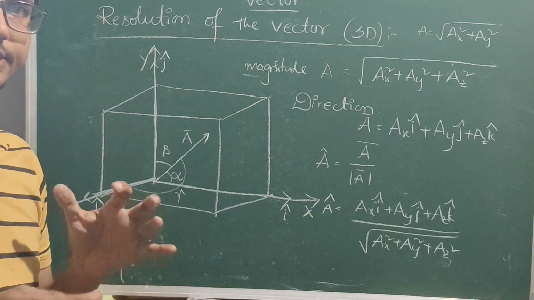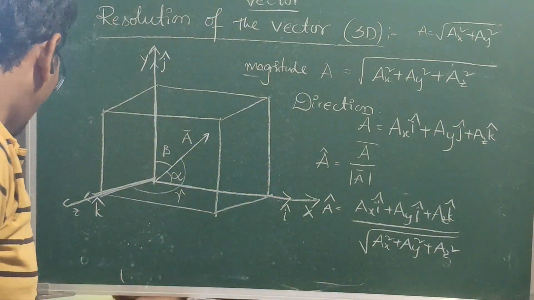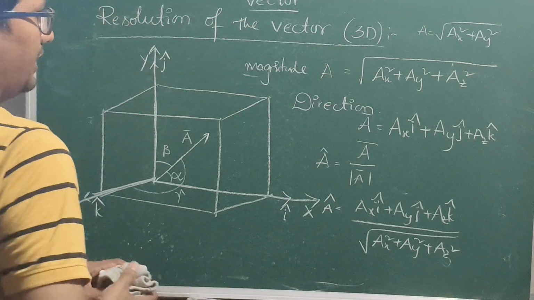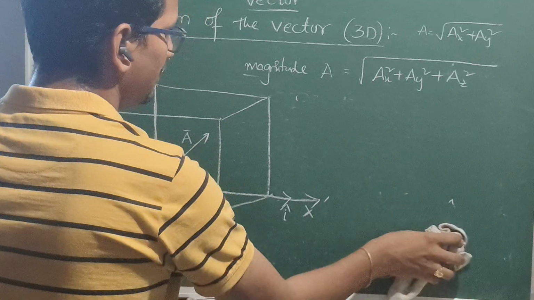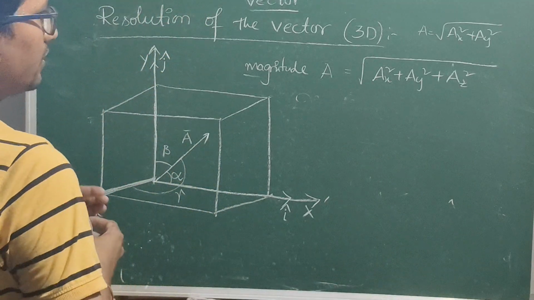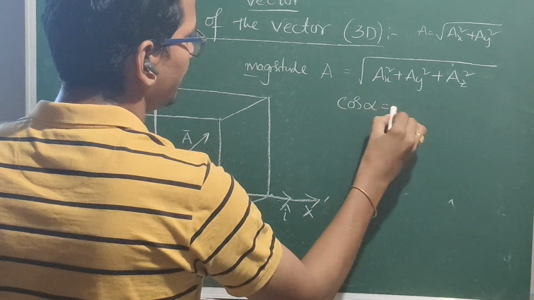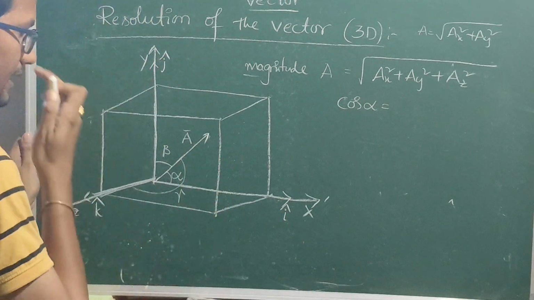But actually, the cosine angles also we want to find. First of all, I need to rub this one side. See, the first one, cos alpha. What is cos alpha? This is the triangle.